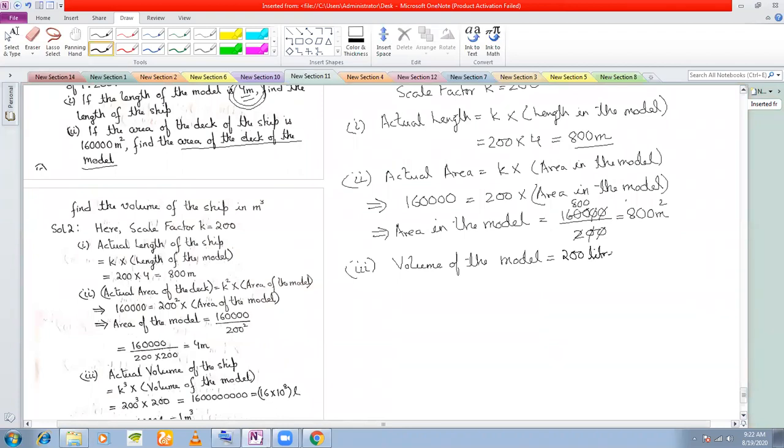Just imagine, what a big model. Volume of the model is equal to 200 liters.